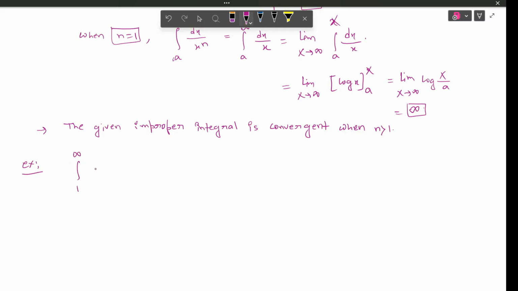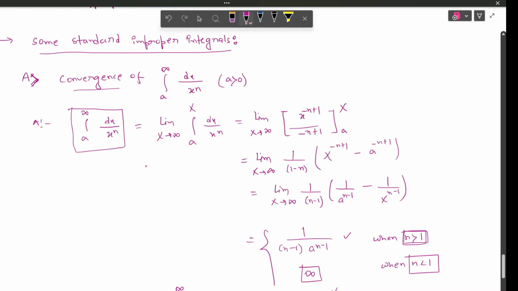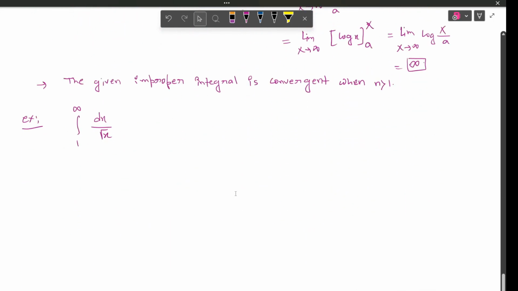Integration from 1 to infinity of dx by root x. Tell me whether it is convergent or not convergent, and if it is not convergent, at which point it is not convergent. So we can see that this is our standard form, from a to infinity of dx by x to the power n. So this is our first type. Here n is half, right?